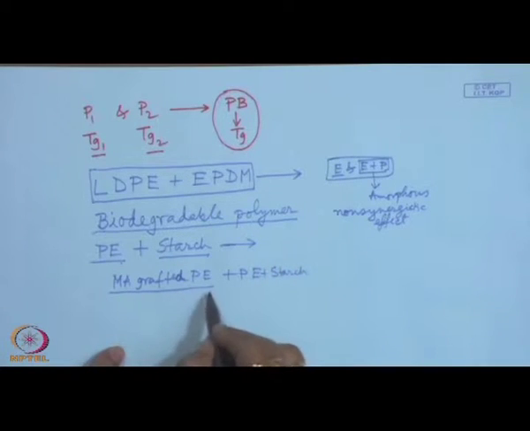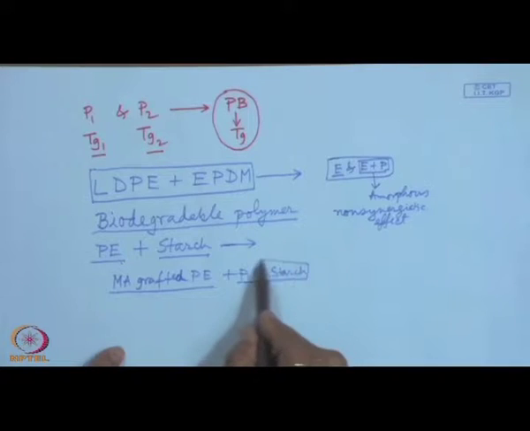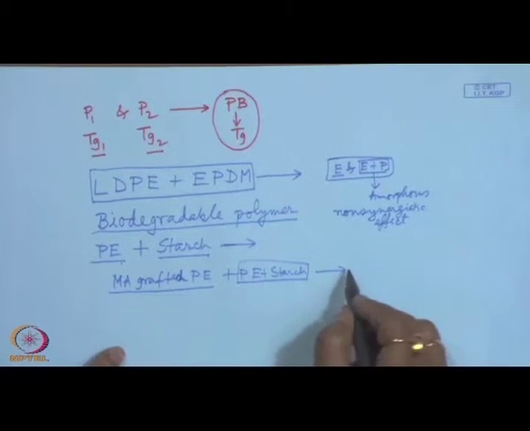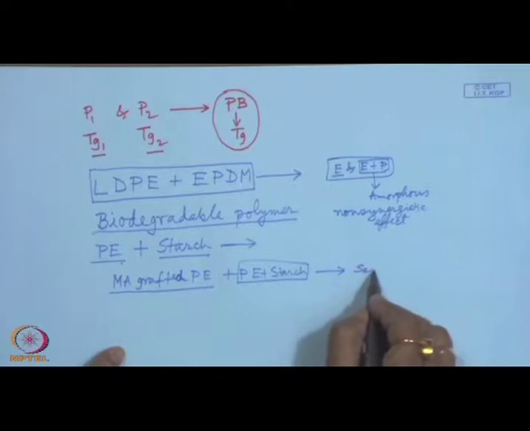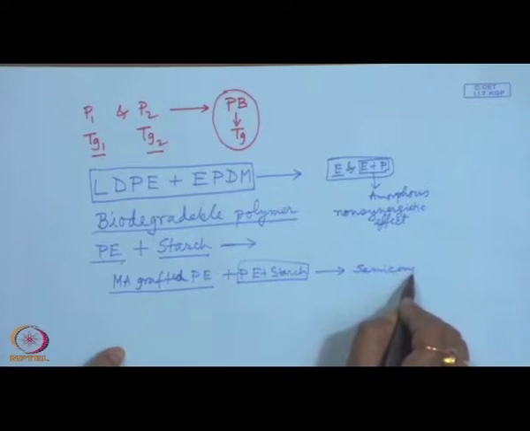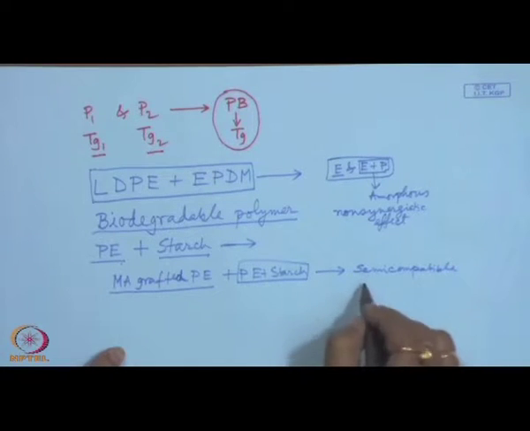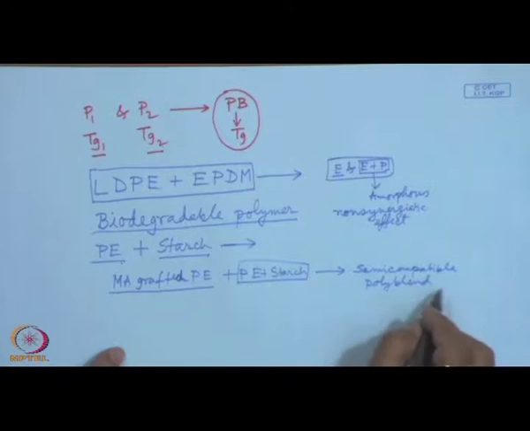Say 5 to 10 parts or 12 parts of this maleic anhydride grafted PE with certain proportion of polyethylene and starch could lead to a semi compatible polyblend of starch and polyethylene.